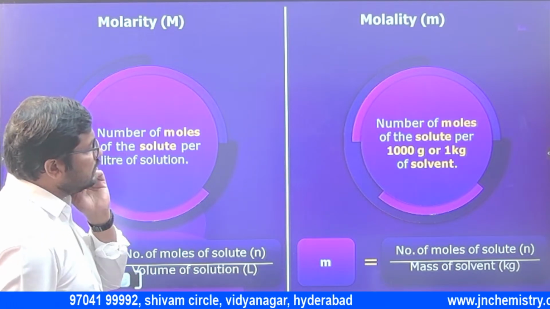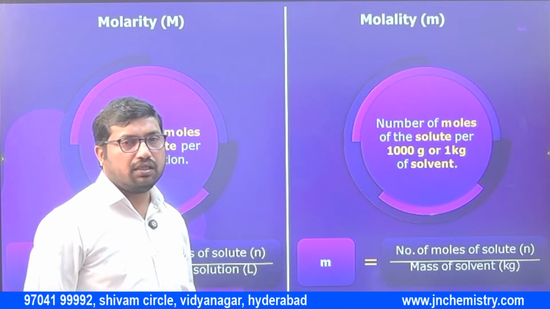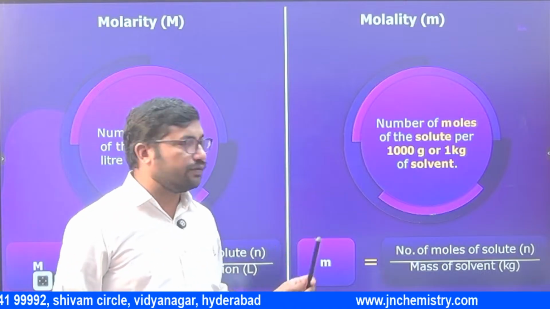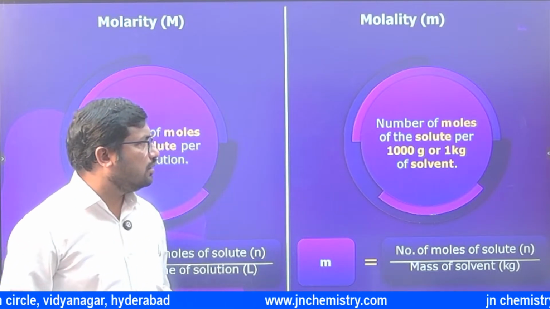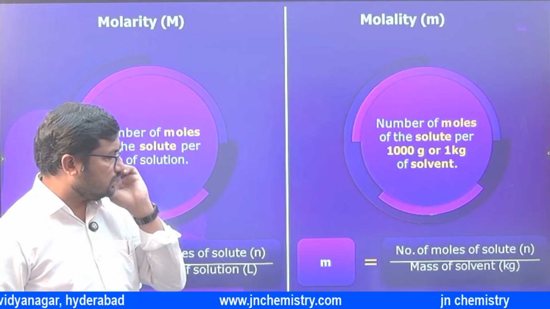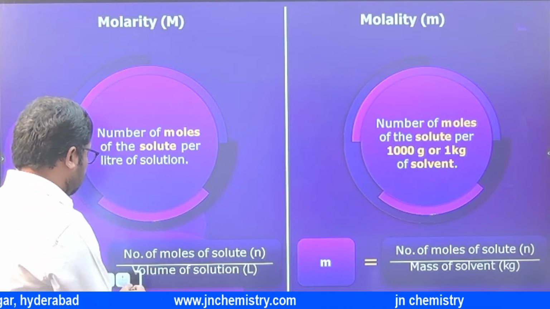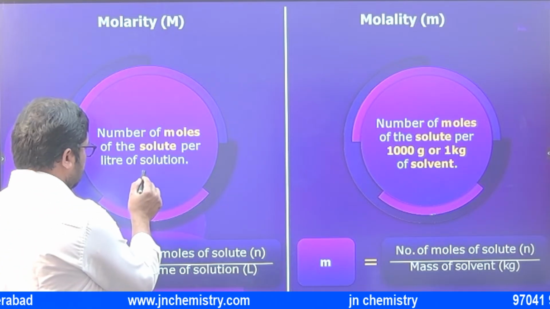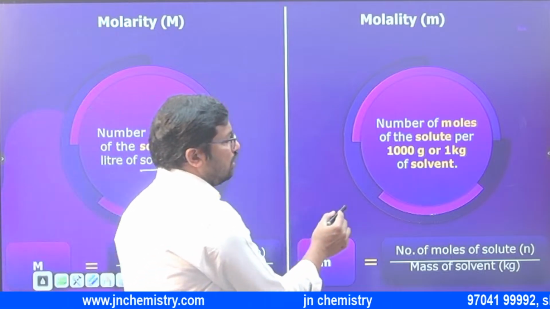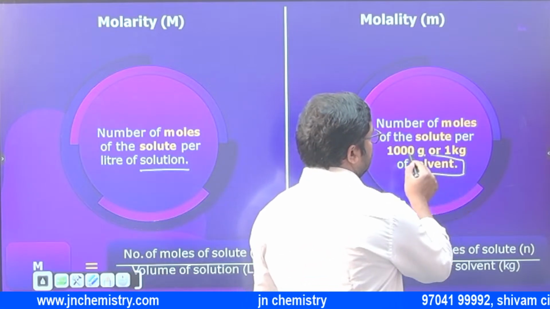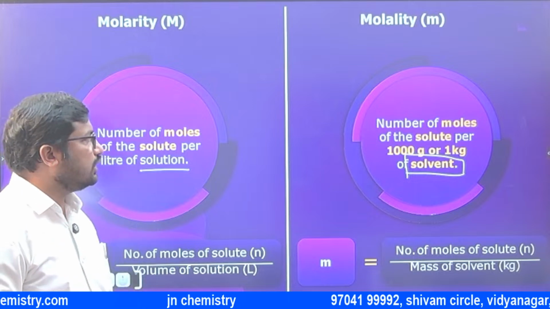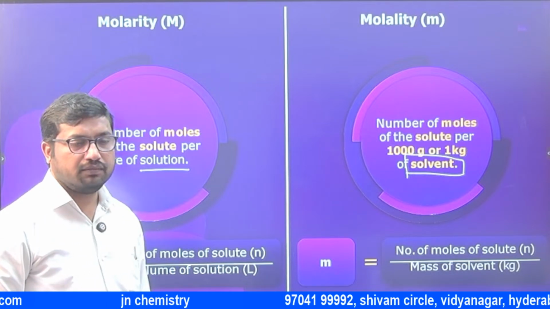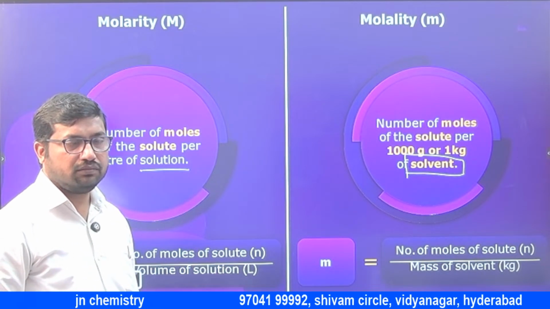So next, what is molality? Number of moles present in 1 kg of solvent. Write it down. Number of moles of solute per 1 kg of solvent. Here solution, here solvent. Solvent is very important.